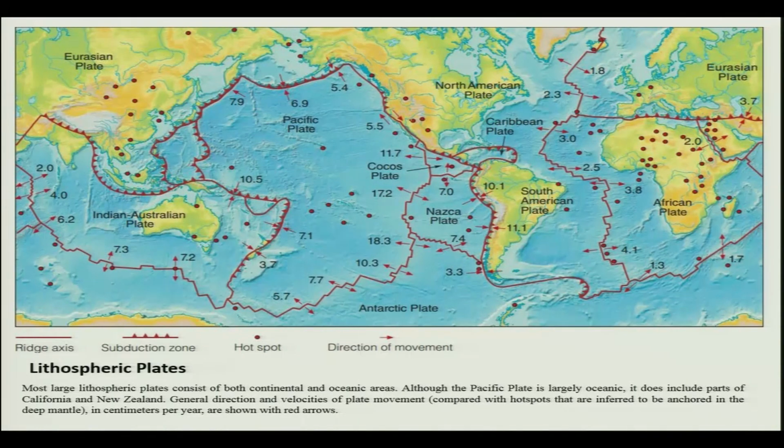For example, here the Pacific plate is moving in this direction as well as subducting, and the North American plate is moving in this direction. The arrows shown here indicate the direction of the movement of the plates. And then either we have subduction zones or not. These details we will talk about when we discuss the plate tectonics part.